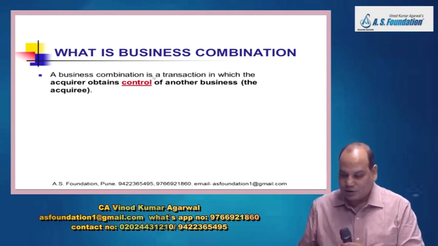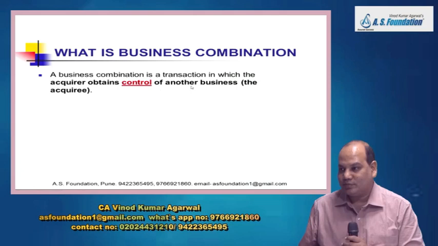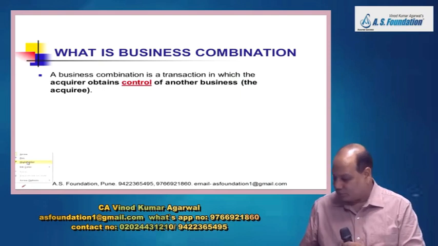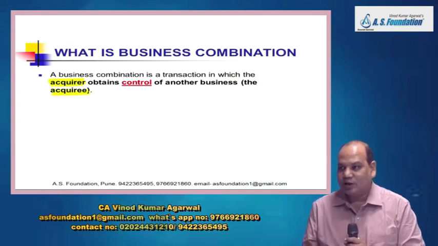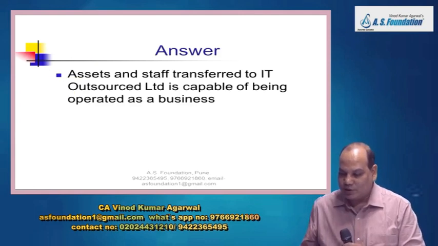So the answer to that question is: a business combination is a transaction in which the acquirer obtains control of another business, and we'll call it the acquiree. Acquirer means the one who acquires. So in this chapter, be very, very careful. These two terms will repeat more than 100 times. Acquirer, acquiree, acquirer, acquiree.